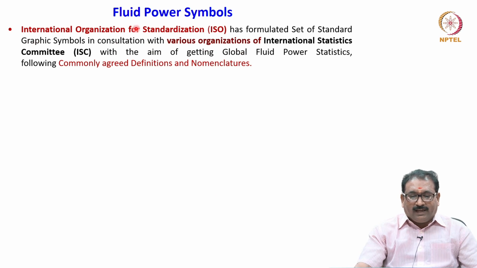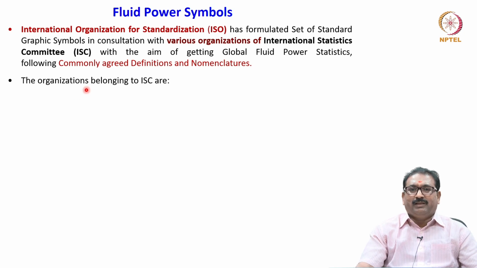Moving on, the International Organization for Standardization, ISO, has formulated a set of standard graphic symbols in consultation with various organizations of the International Statistics Committee, with the aim of getting global fluid power statistics following commonly agreed definitions and nomenclatures.